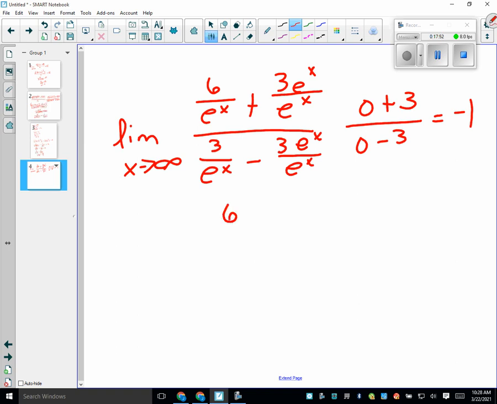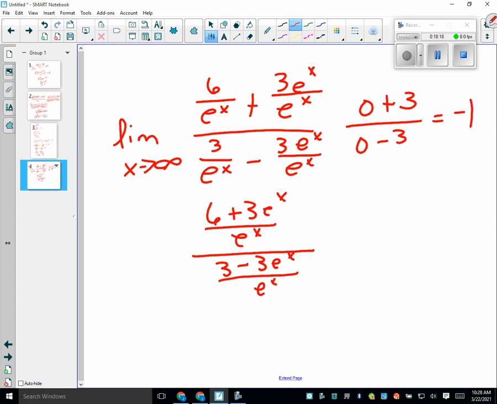Is this 6 plus 3 e to the x over e to the x, over 3 minus 3 e to the x over e to the x? Look what happens here.